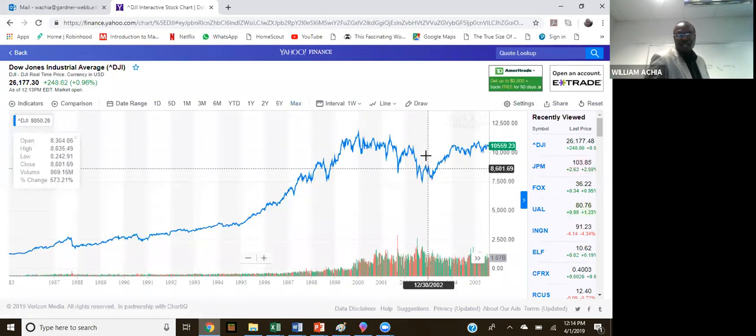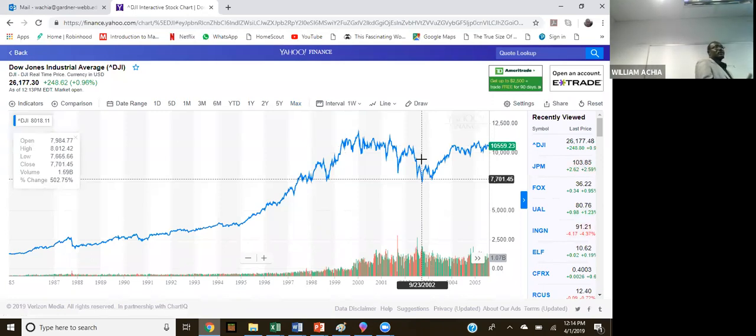So back in 2001, 2002, we had another recession, the dot-com bubble burst, and a whole bunch of internet companies went bankrupt. So the recession there. You go back 10 years, you notice there's another recession. So every 10 or so years, there's a dip in the stock markets.